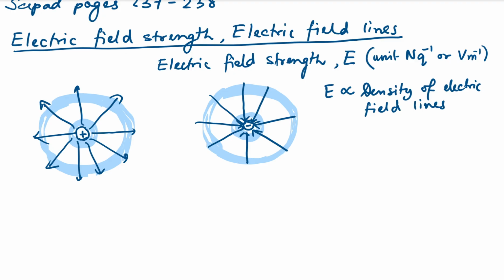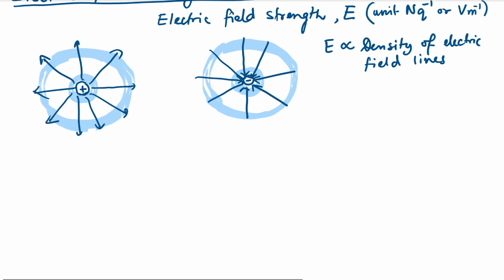So if you want to show a really strong electric field, you have to draw more lines closely spaced. And if you want to show a weaker electric field, draw the lines more spread out, like how it's done over here for positive and negative charges. Okay? Point charge particles.